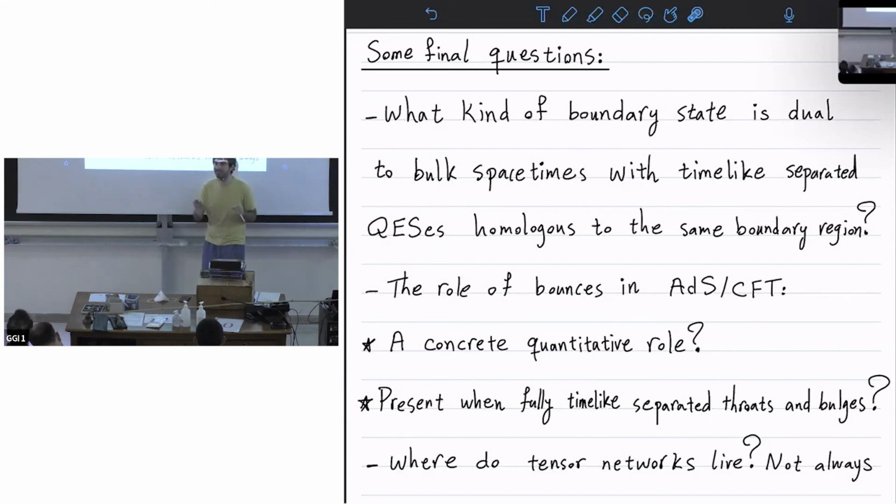about it is that in the evaporating black hole spacetime, something similar happens, not quite time-like separated quantum extremal surfaces. But note that one thing that comes about if you have time-like separated quantum extremal surfaces is that the outer wedges of the quantum extremal surfaces don't nest, right? That's obviously the case. But outer wedges of quantum extremal surfaces could fail to nest even if they're fully space-like separated from each other, and I claim that kind of thing happens even in the evaporating black hole spacetime.